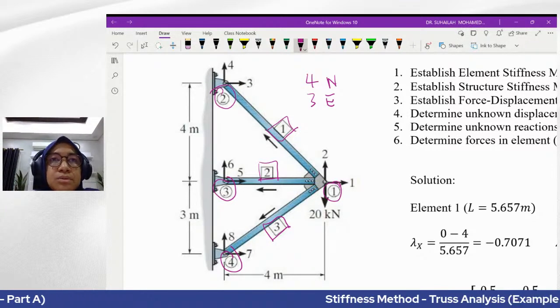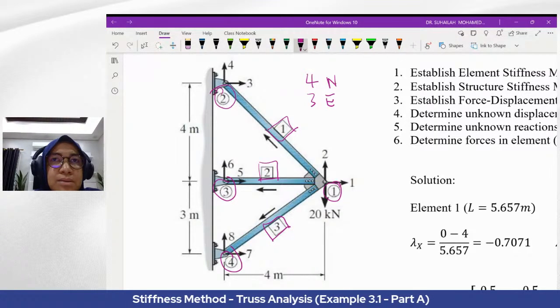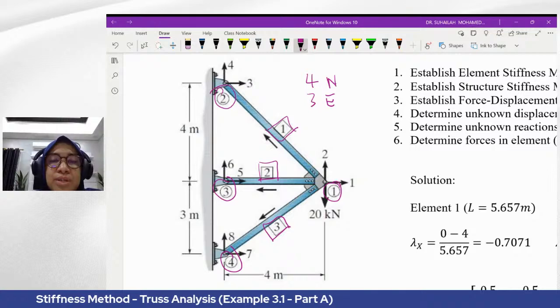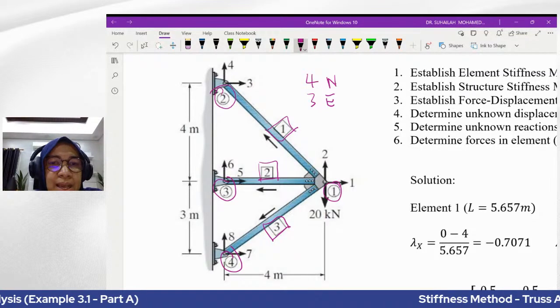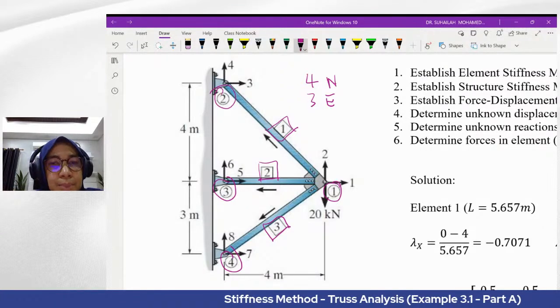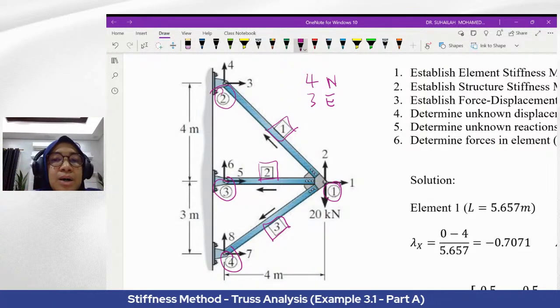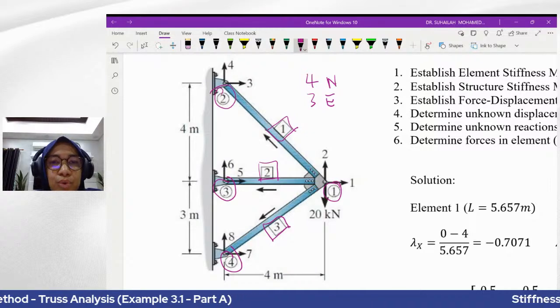Every time we want to analyze a truss using the stiffness method, we have to make sure that the diagram must have the node number, the element number, and after that, we have to make sure that there is an arrow.